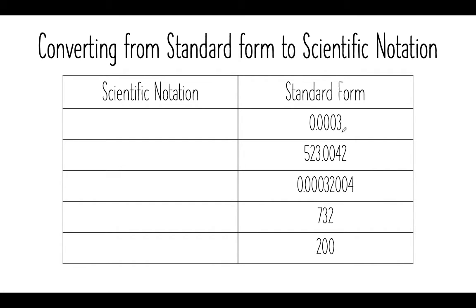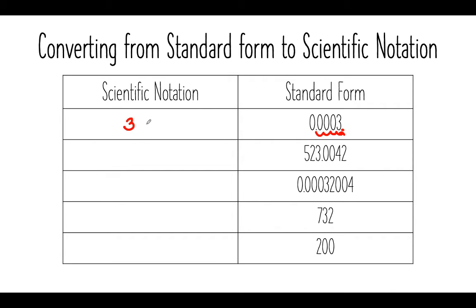It is also the first one. So what I have to do is move this decimal place from where it is right now so that it is to this side of 3. So 1, 2, 3, 4. So I'm moving it 4 spots to the right. And if I'm moving it 4 spots to the right, the decimal place comes right after the 3, which tells me that this is 3.